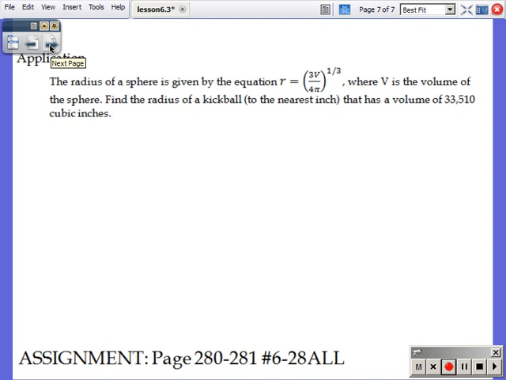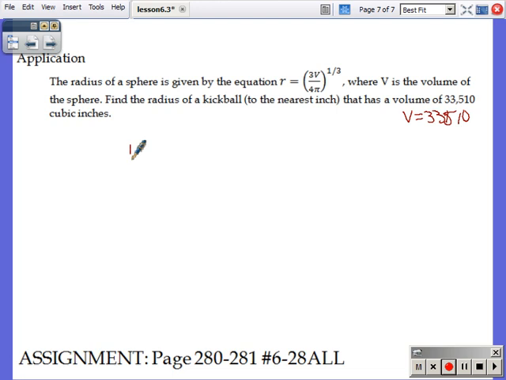Last, then, looking at an application problem, which is going to be the same thing. So we're given the radius of a sphere. Our formula, 3v divided by 4 pi, that quantity to the 1/3, where v is the volume of the sphere. So we want the radius of a kickball, there's r, that has a volume, there's v, of 33,510 cubic inches.